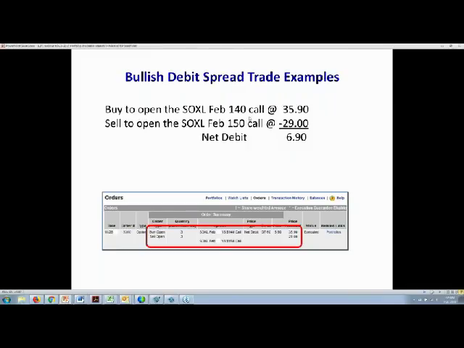We bought the 140 call at 35.90, sold to open the 150 call at 29. So this spread had a net debit of 6.90. So the cost was $690, and our brokerage account was debited $690 to initiate this spread. That's also the maximum risk in this case.